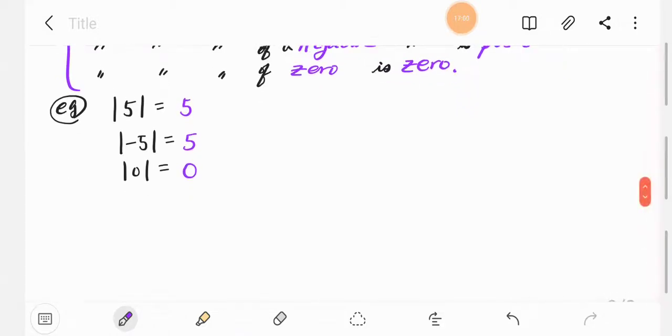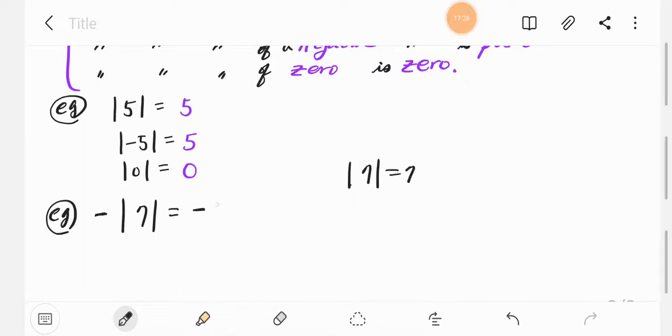Here is one more example. How about the negative sign with the absolute value of 7? The negative is outside the absolute value, so it stays outside. The absolute value of 7 is 7, right? So the result will be negative 7.